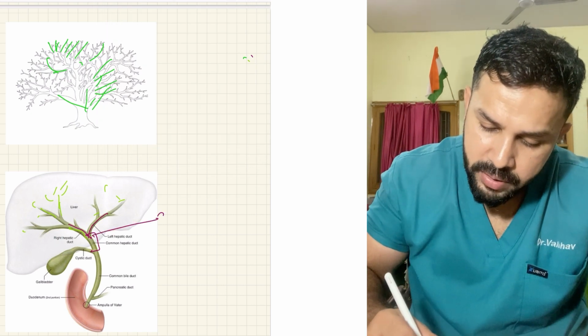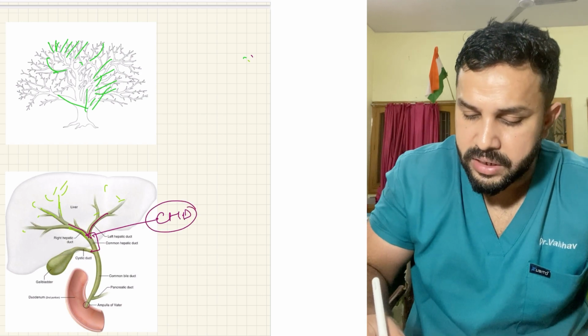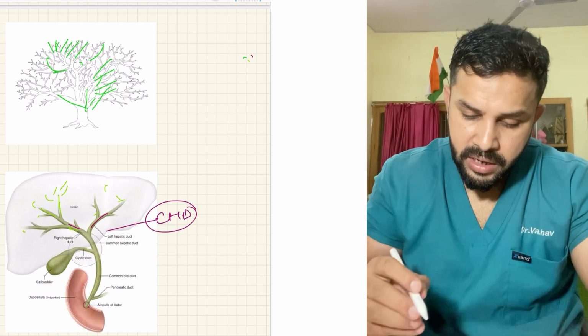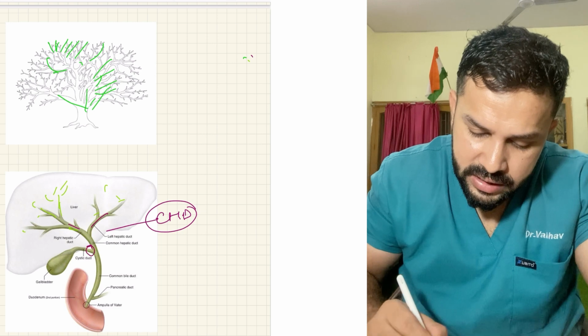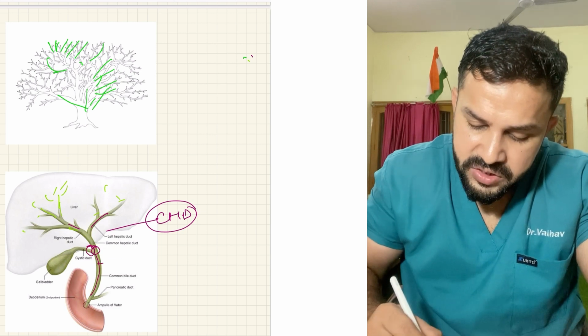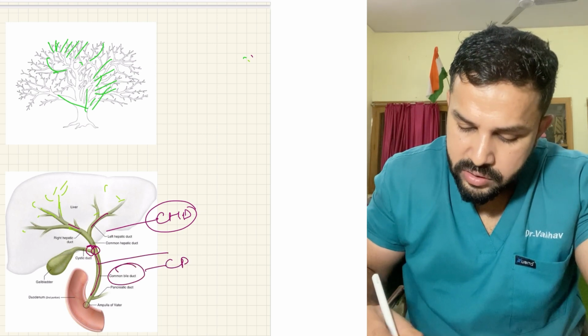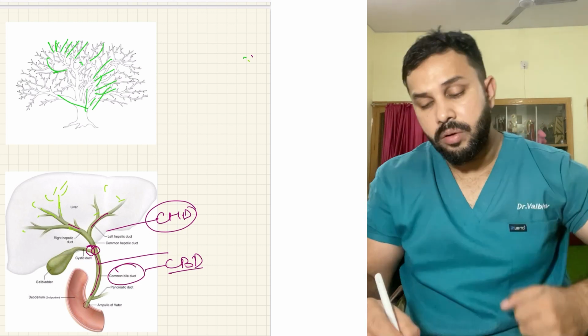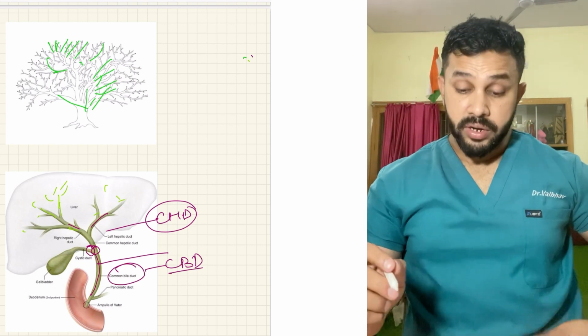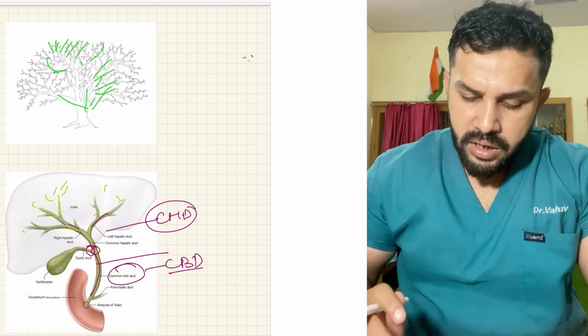This is the common hepatic duct. At the joining of the cystic duct, this becomes the common bile duct, or CBD. This has to be remembered.